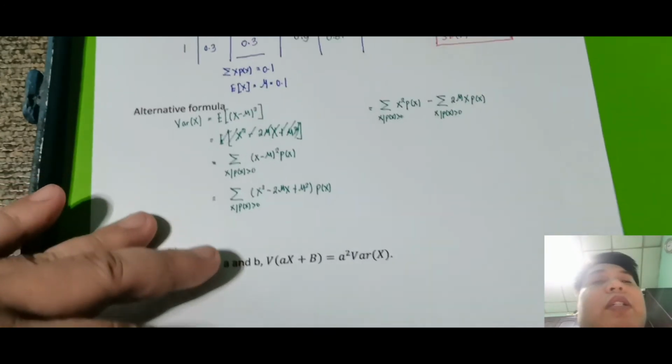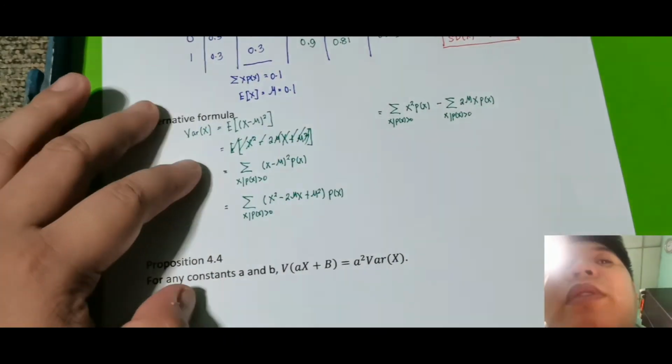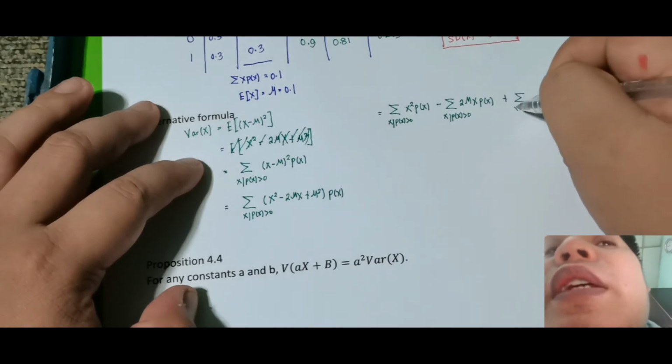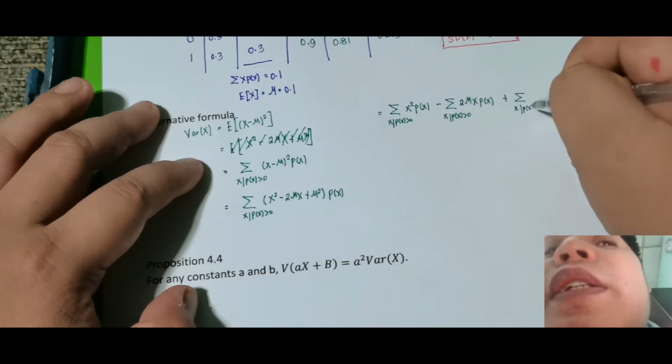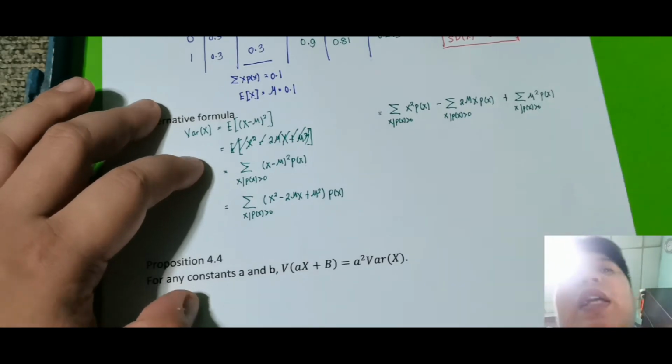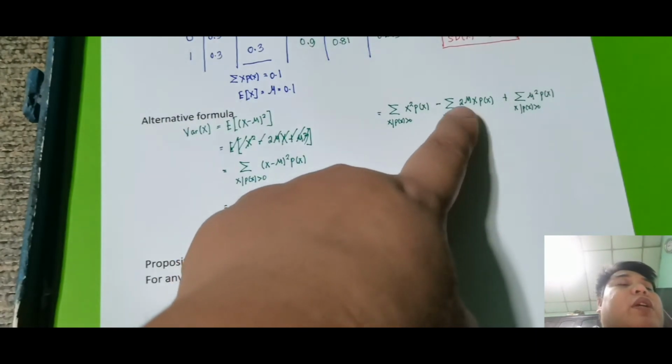Right. So next, lastly, mu squared of x. So this is plus the summation x such that p of x is greater than 0 of mu squared p of x. Okay? Note that mu.